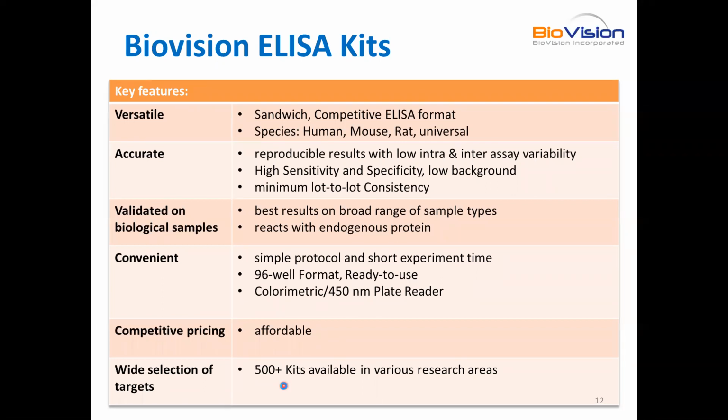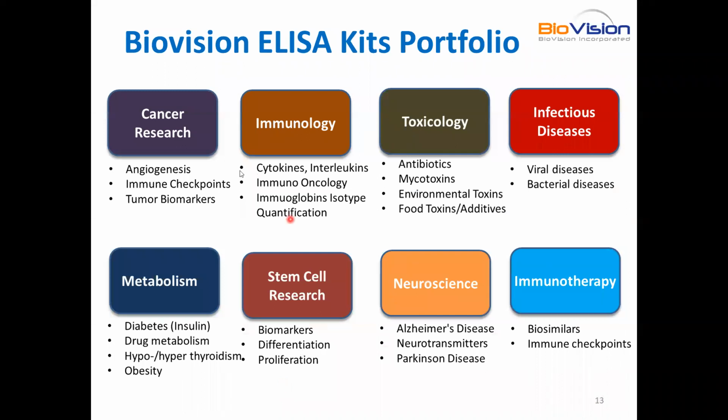So I'm going to give you a brief overview of the research areas for which we offer ELISA kits. We have categorized them into very broad categories, just to give an overview. We offer ELISA kits for cancer research, which includes research of angiogenesis, immune checkpoint, and tumor biomarkers.